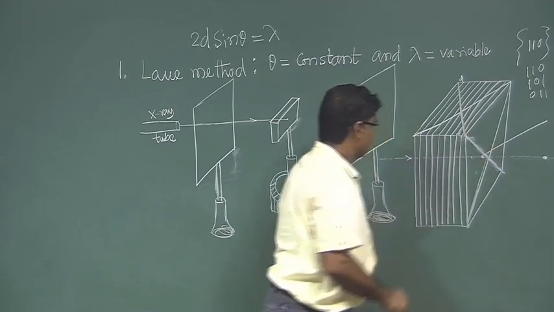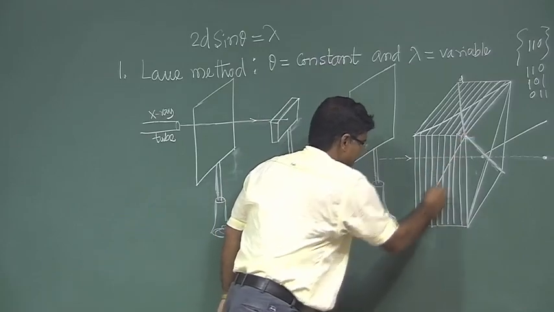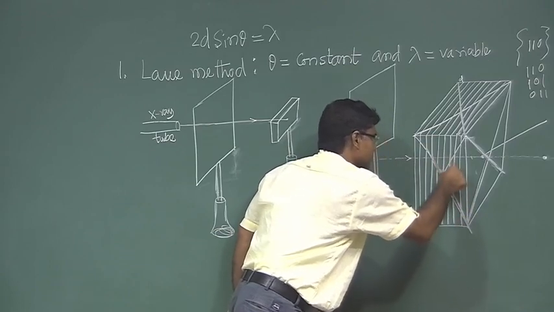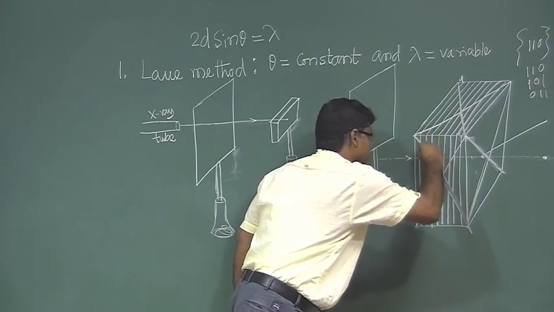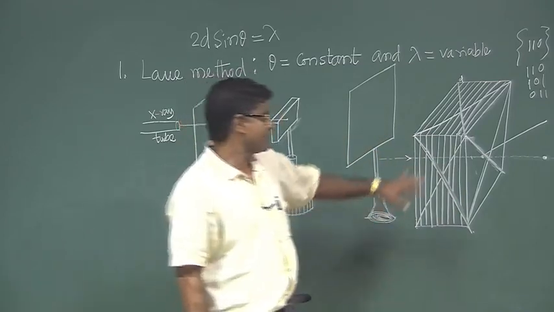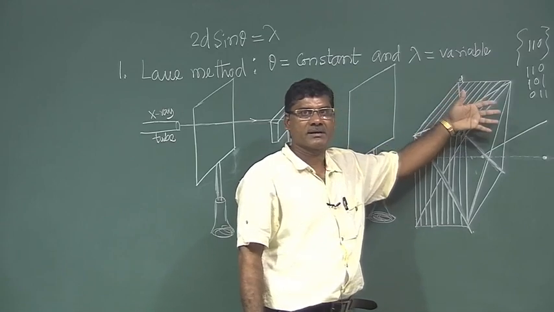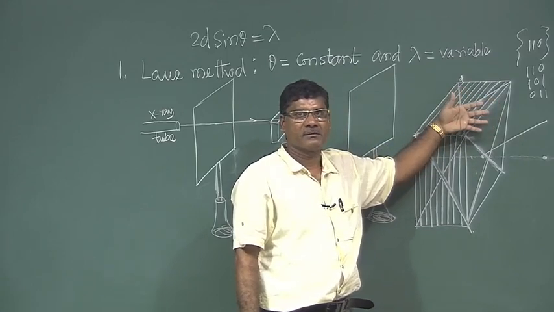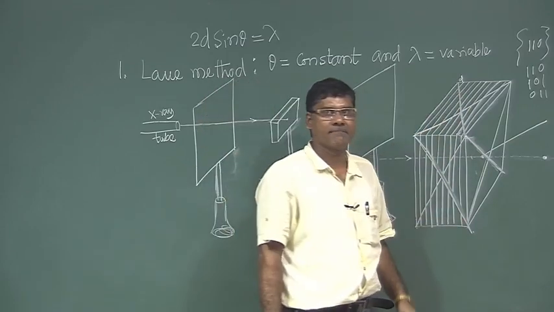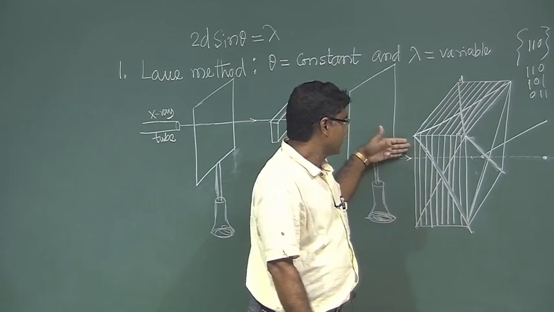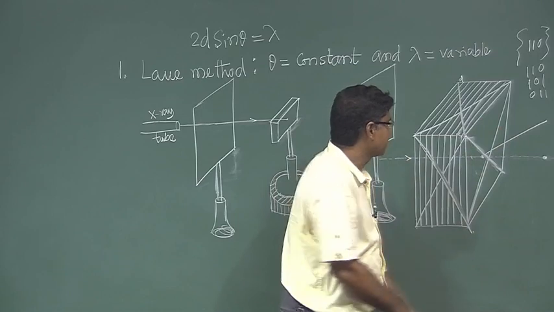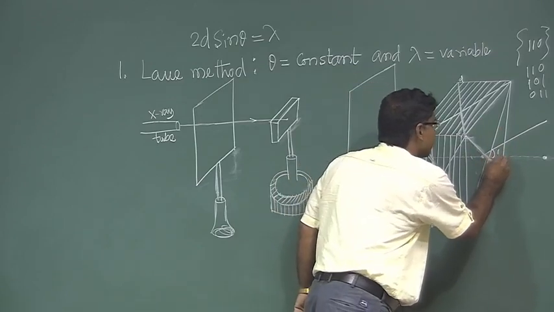So here you will get, in different orientations, equivalent planes. They are in 6 orientations basically. And the angle theta here, this angle is theta.